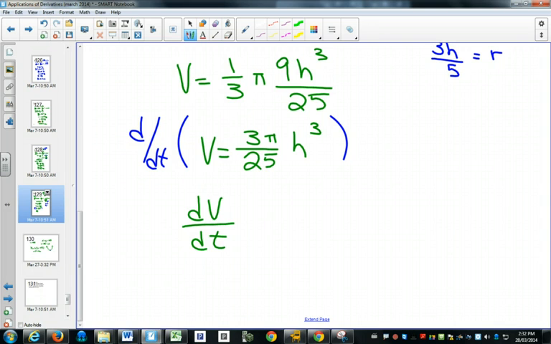Implicit differentiation on this side, derivative of an h cubed, the 3 would come out in front, giving us 9 pi/25 h squared, and then the derivative of h would be dh/dt.